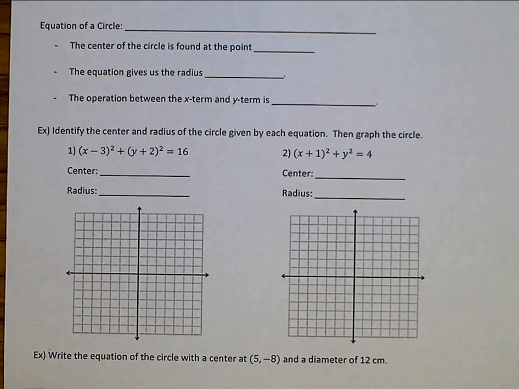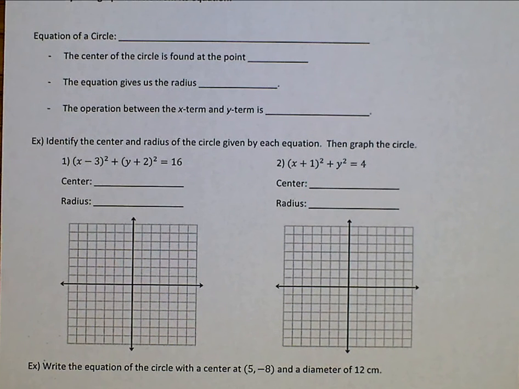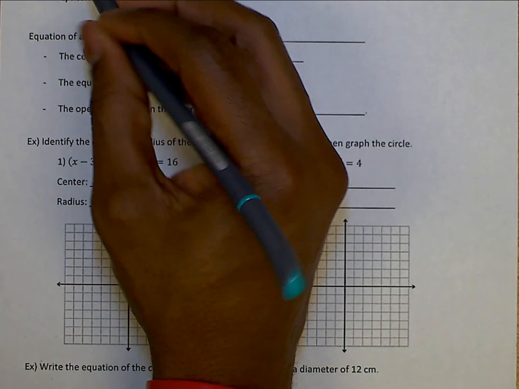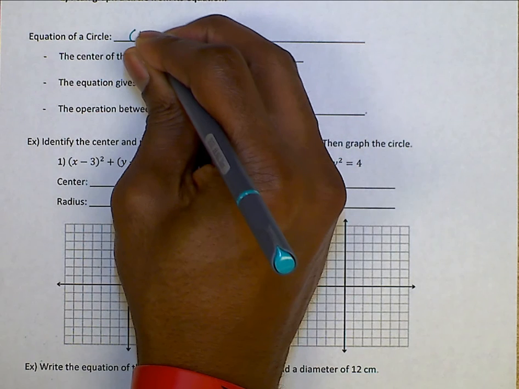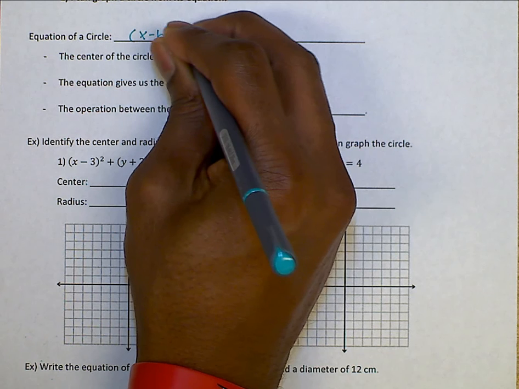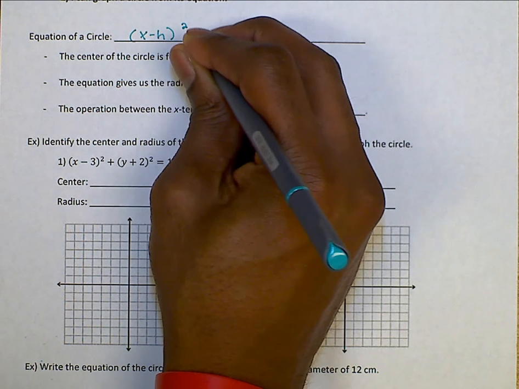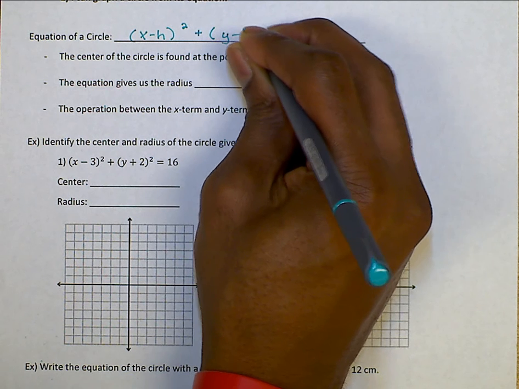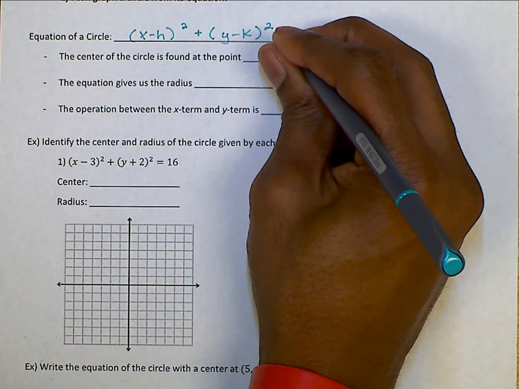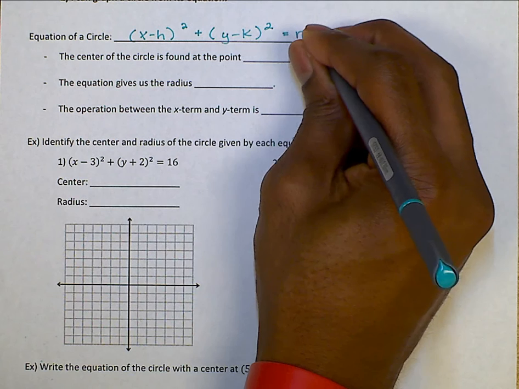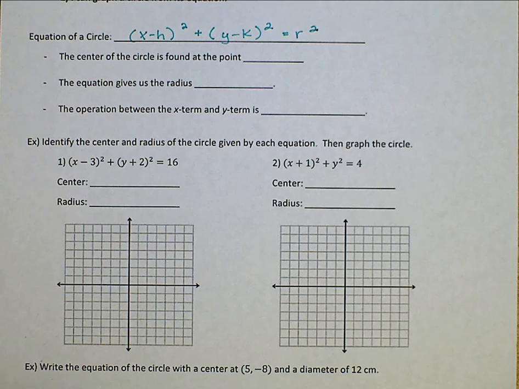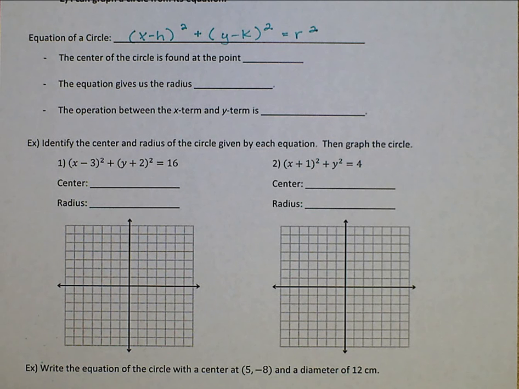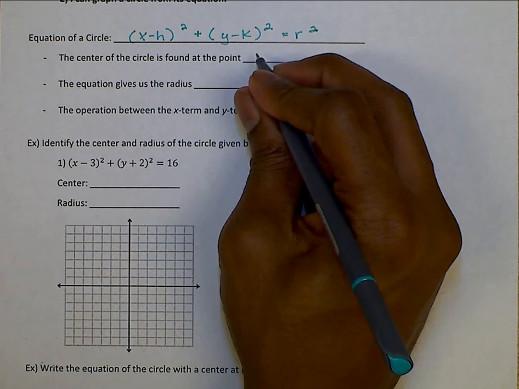Okay, the equation of a circle on a coordinate plane is typically written (x minus h) squared plus (y minus k) squared equals r squared. And the center of that circle is found at the point (h, k).